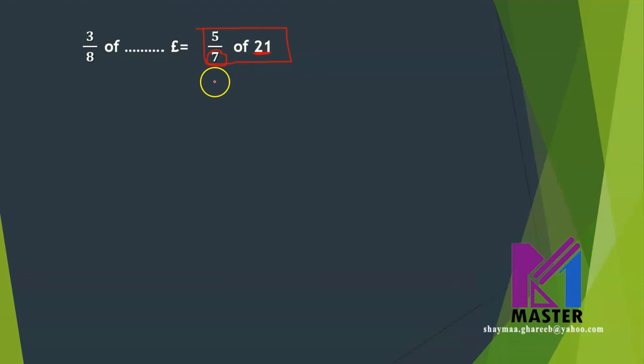So 21 divided by 7 equals 3. Then I'm going to multiply by the number up, which is the 5. So 3 times 5 equals 15. So all of this equals 15. So I can say that 3/8 of an amount equals 15.